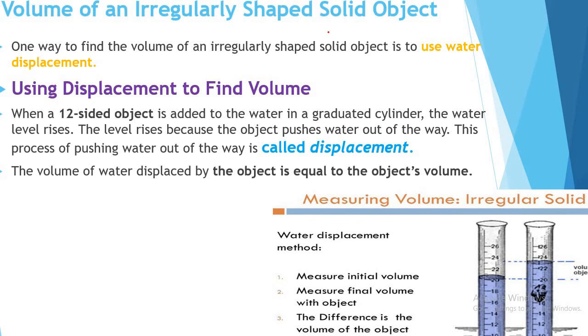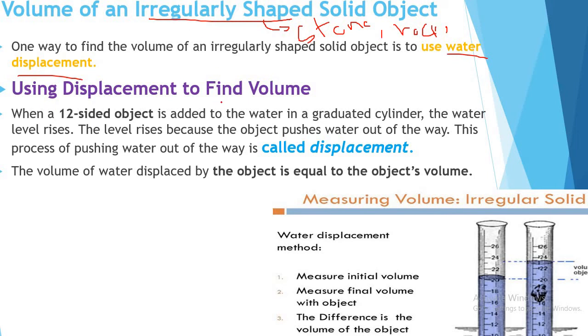If you want to measure an object of irregular shape, such as a stone or a rock, we use a process called water displacement.